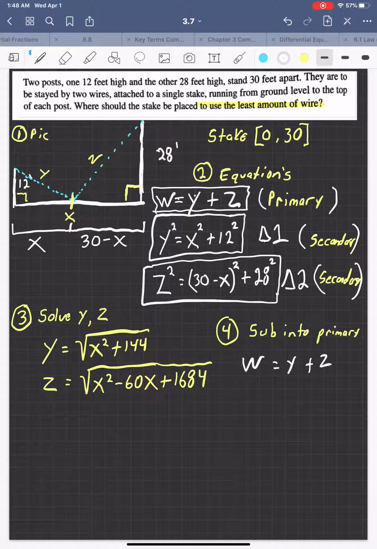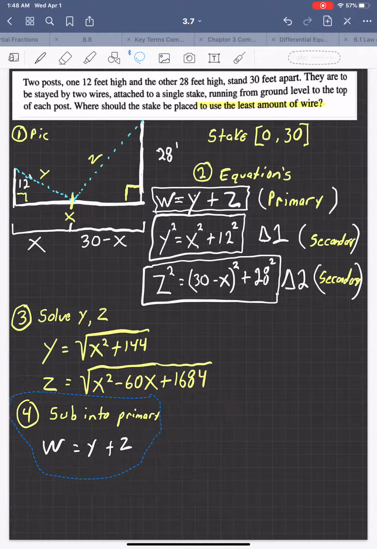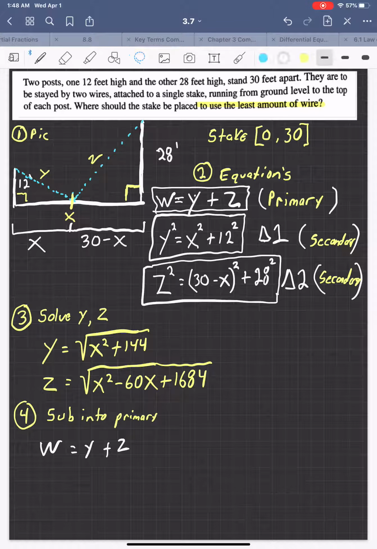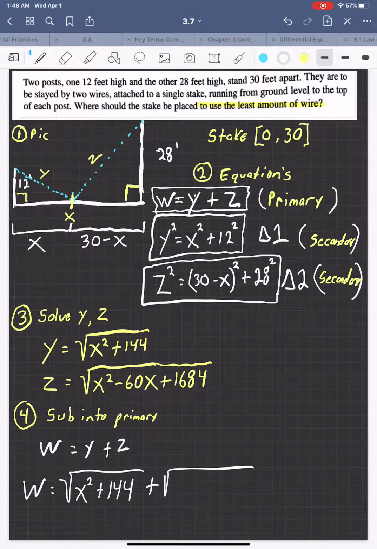And here is your new primary. So the new primary equation is going to be W is equal to the square root of x squared plus 144 plus the square root of x squared minus 60x plus 1684.